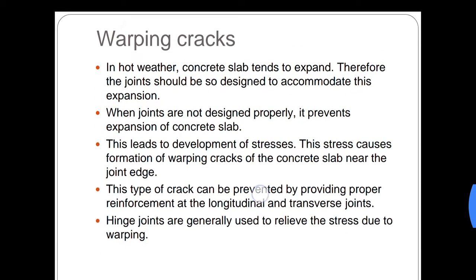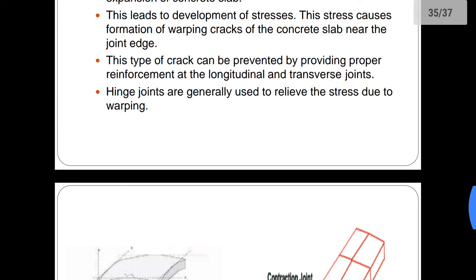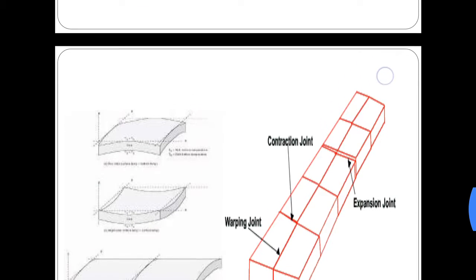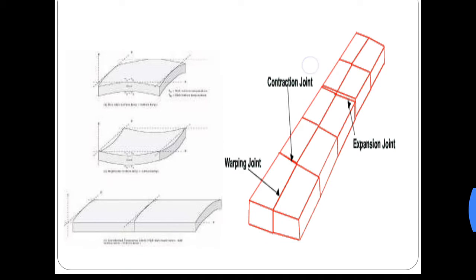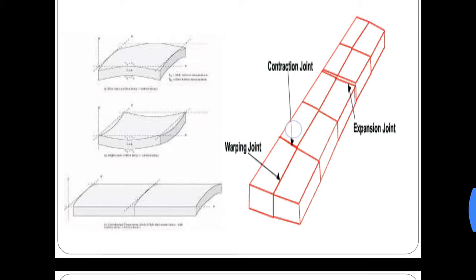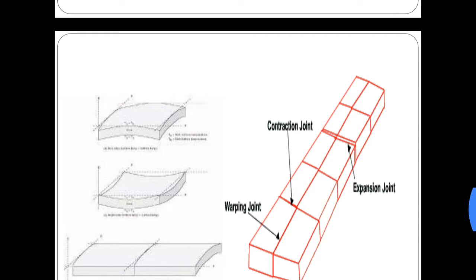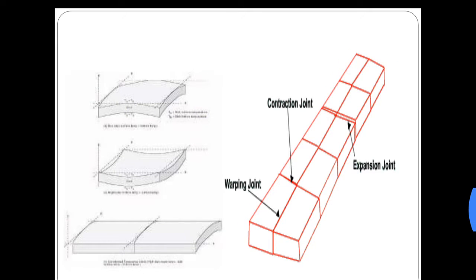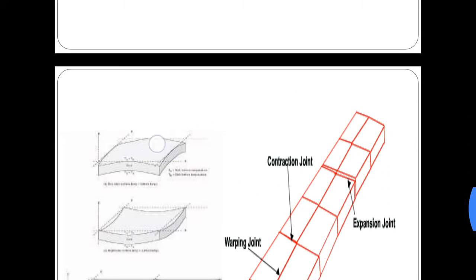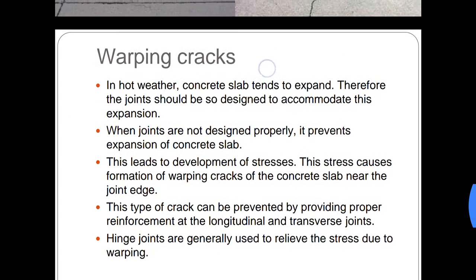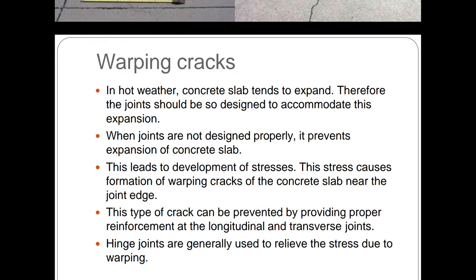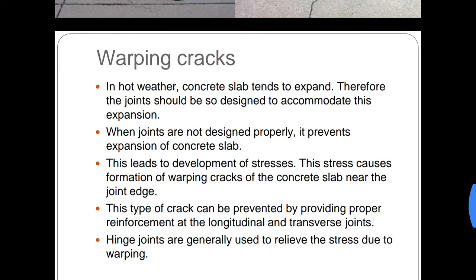Then we have warping cracks. As we already know, warping is the upward or downward movement of the concrete slabs due to change in temperature at the top layer or the bottom layer. Due to this deformation, cracks would be formed. Those are nothing but the warping cracks. So in hot weather, the concrete slab tends to expand.